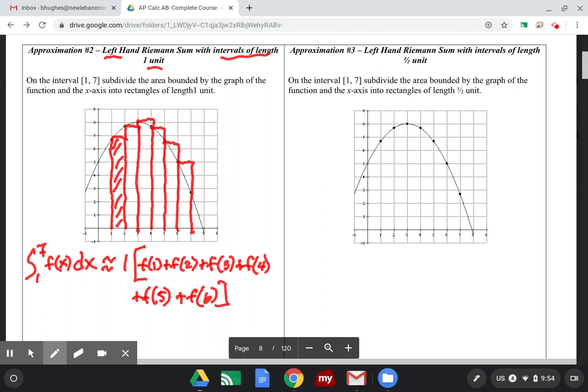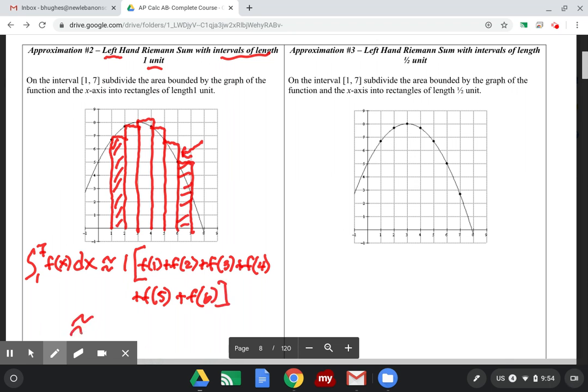And then that would be my last one, because the height of this rectangle right here was found by using f of 6. I'm not using f of 7 at all with this one, because that's not a function value that we really need to worry about.